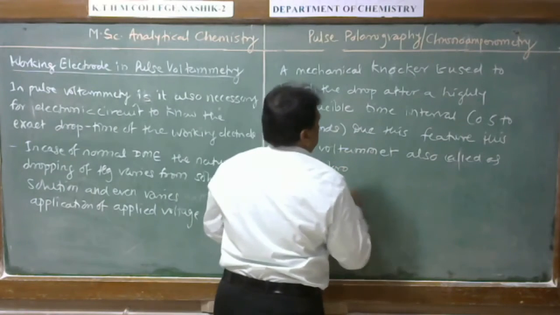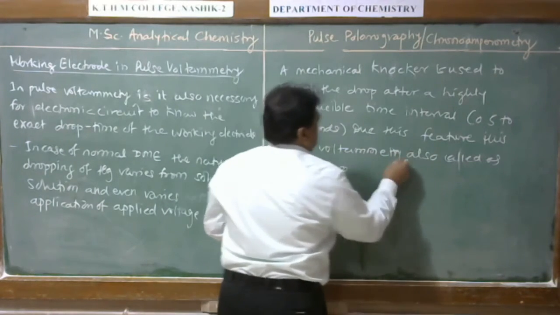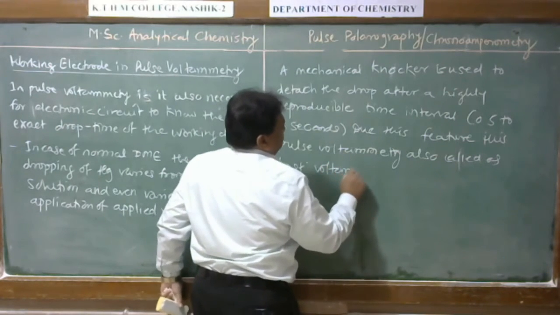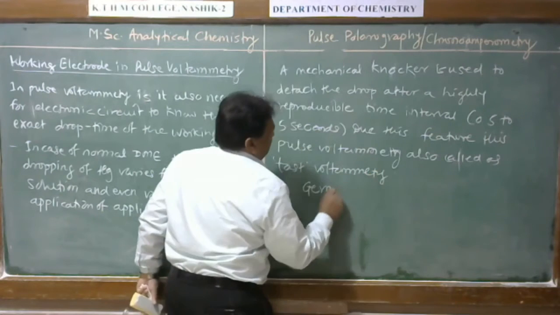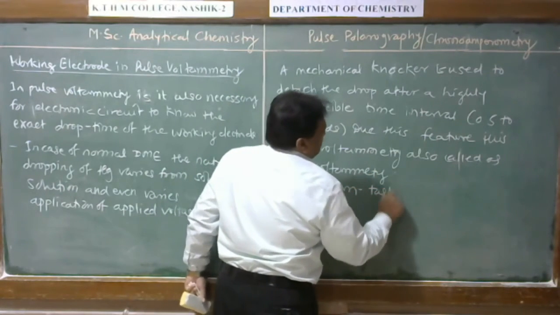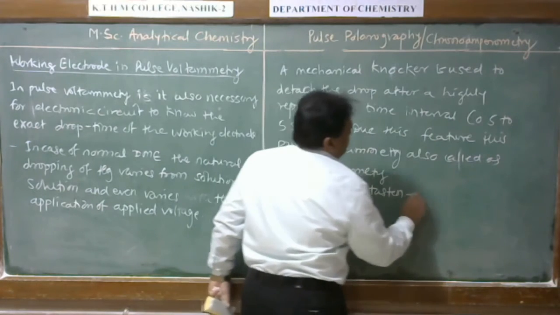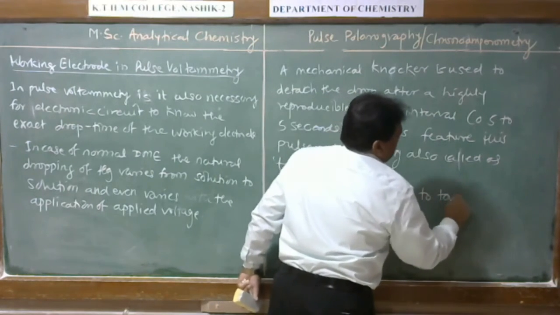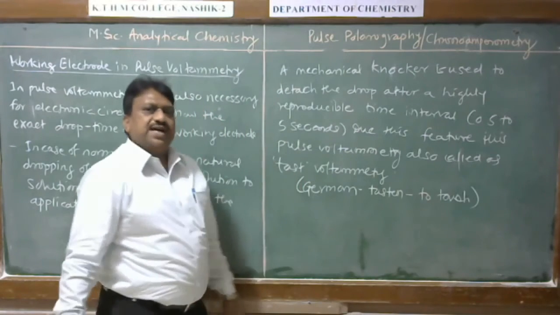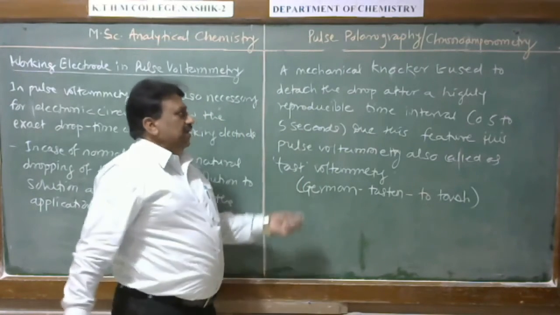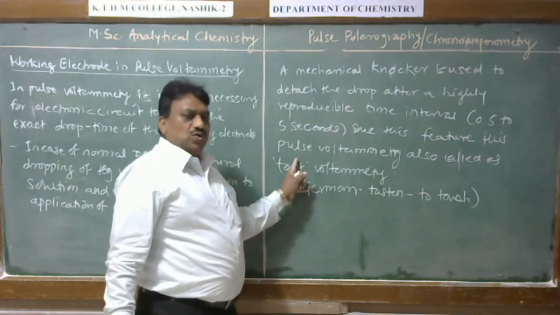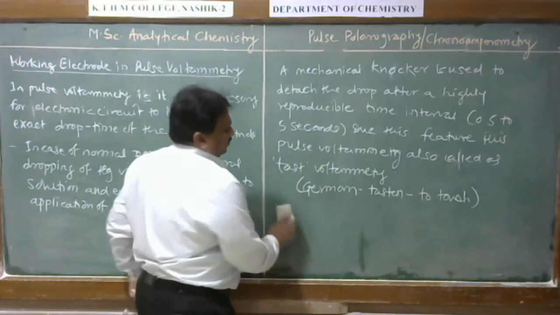Tast is a German word; tasten means to touch, and therefore it is called tast polarography or chrono-amperometry as well as chronopotentiometry.